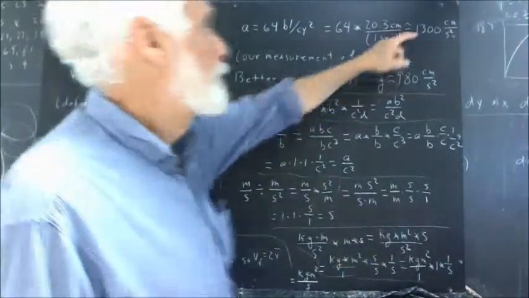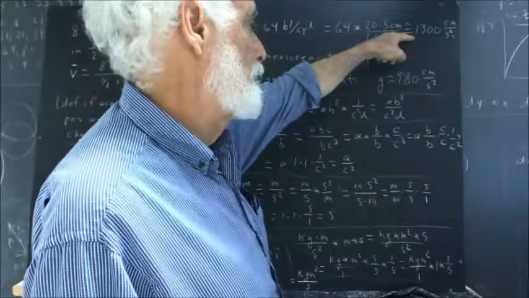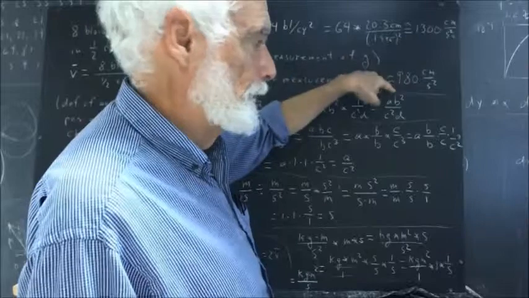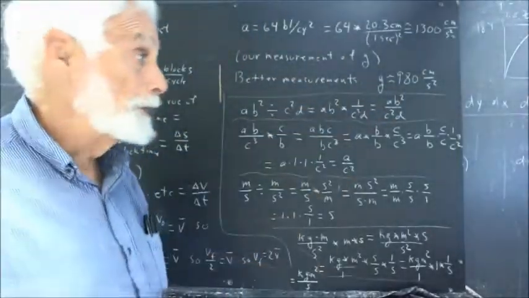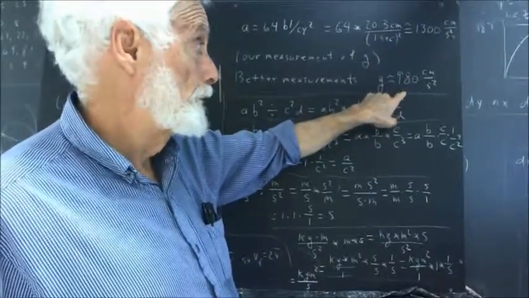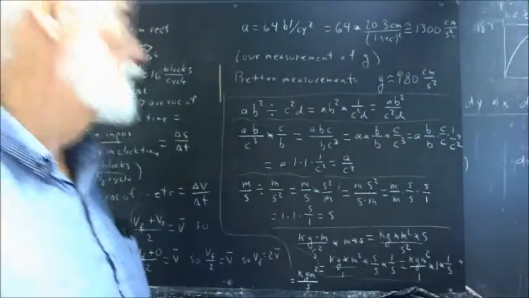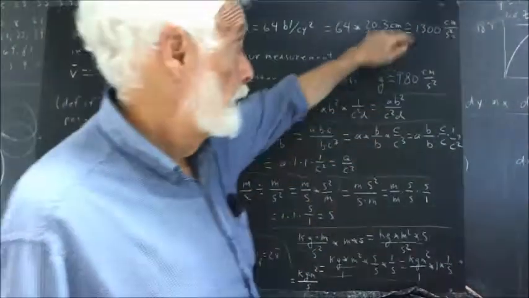So our 1300 centimeters per second squared might not be regarded as a real bad first approximation given the way we measured it. It's entirely plausible that the actual is this and that we had like a 30% error in determining the acceleration of gravity.